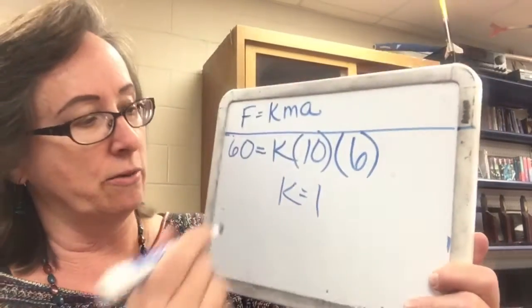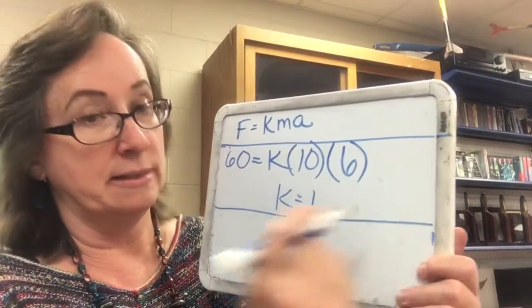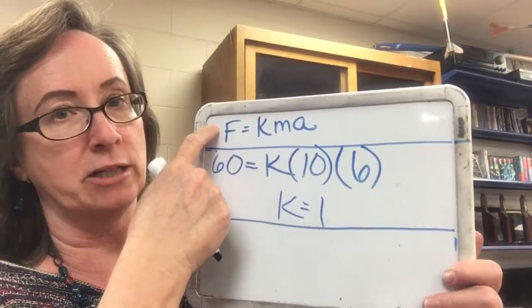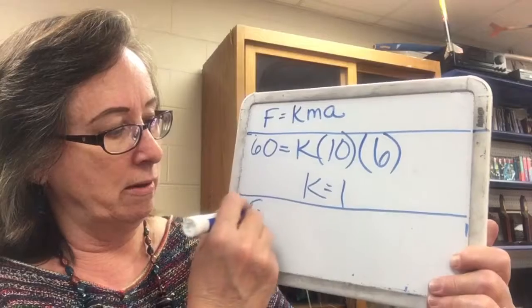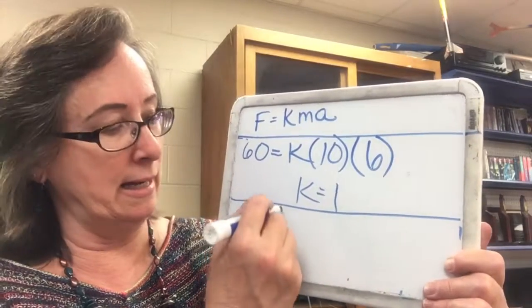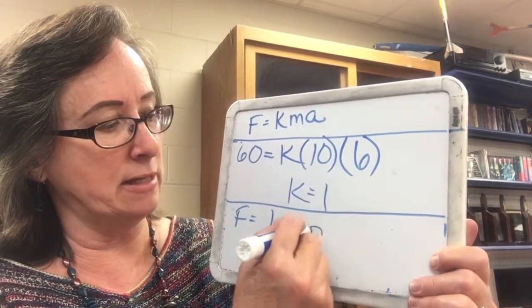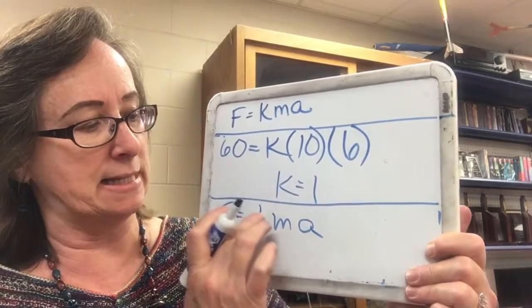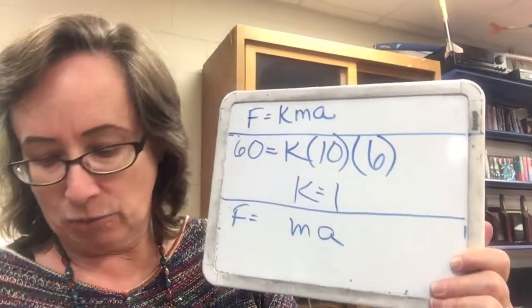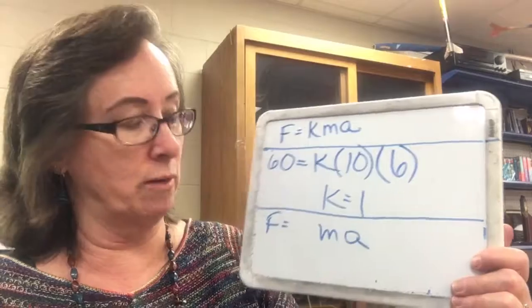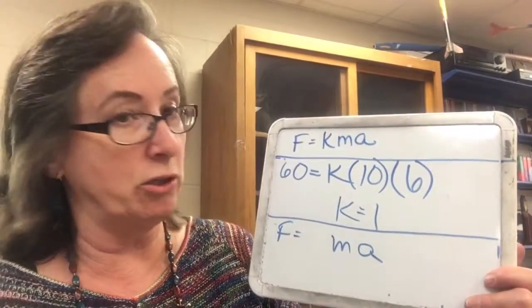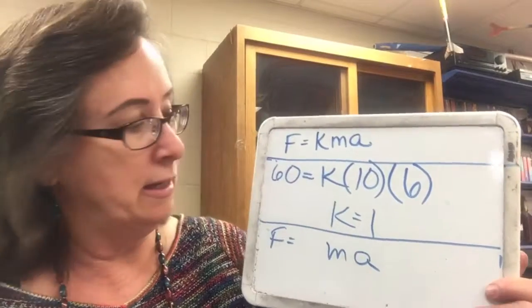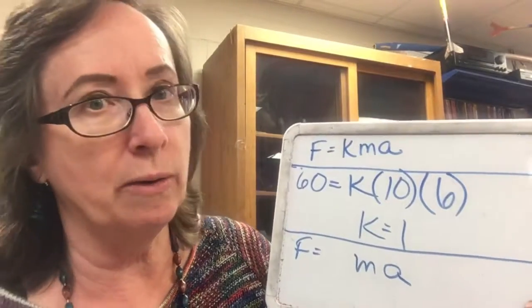Okay, so now step 3 is to rewrite the original equation with the new k. So force is 1 times mass times acceleration, but since it's 1, I'm just going to erase the 1. Now I'm going to use the new equation and the new information.